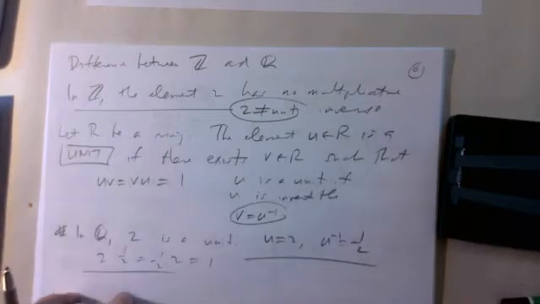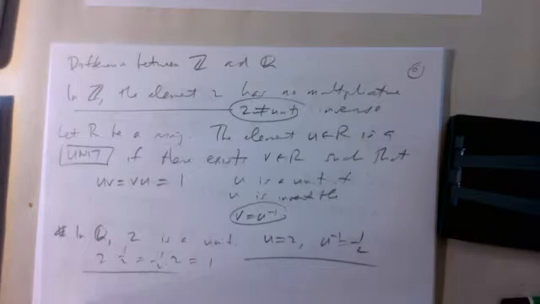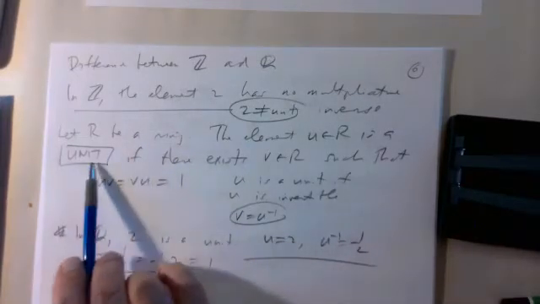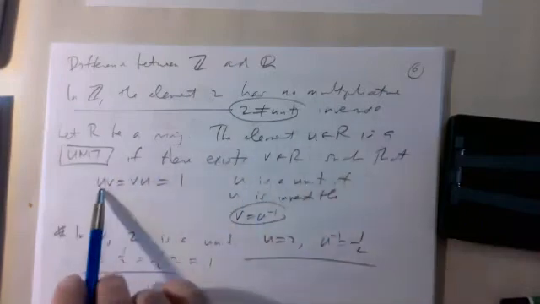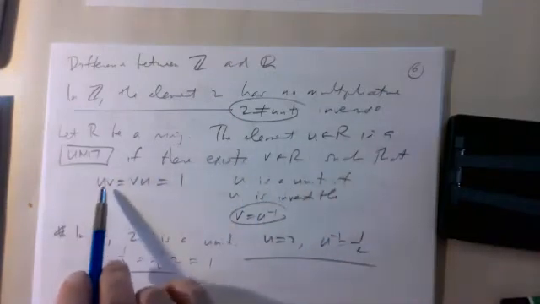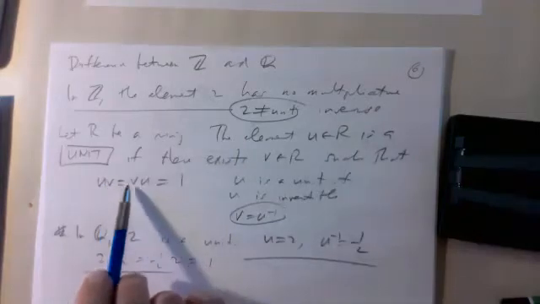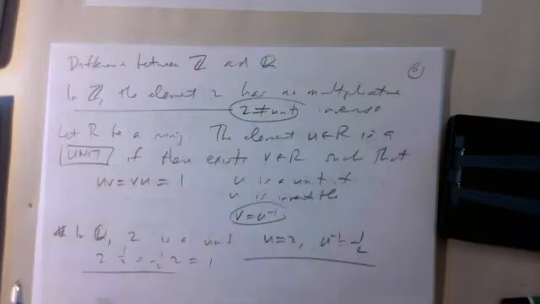Can you please repeat? Yes. So you have a ring, and an element in a ring is called a unit if there's another element V, which is the multiplicative inverse. So U is a unit if there exists a V such that UV and VU equals 1.